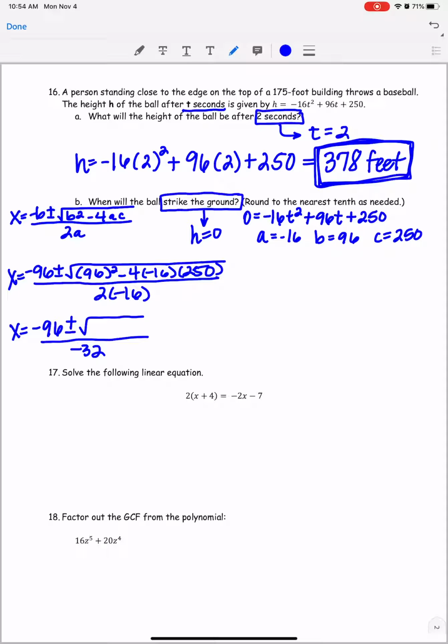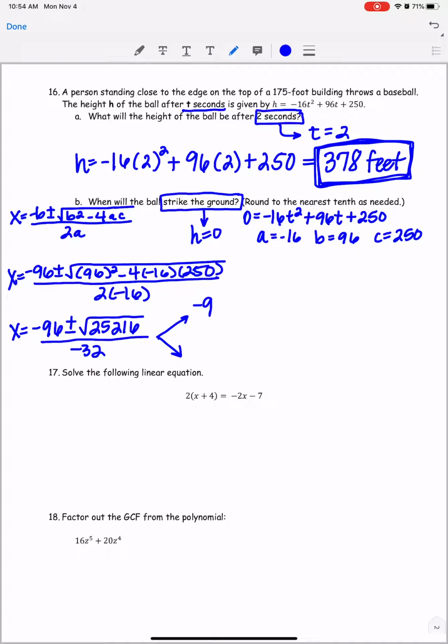So I am putting what's under the radical in my calculator, not including that radical. So we're doing 96 squared minus 4 times negative 16 times 250. And we're going to get 25,216. If you square root that, that's not a perfect square. So we'll split this up into our two answers.